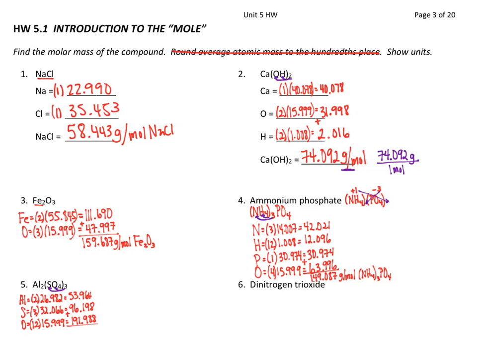I'm going to add all these, and that comes out to a total of 342.150, and my unit is grams per mole. And I'm talking about aluminum sulfate.